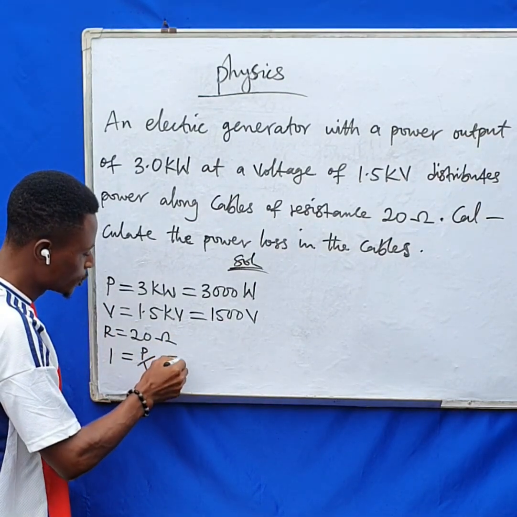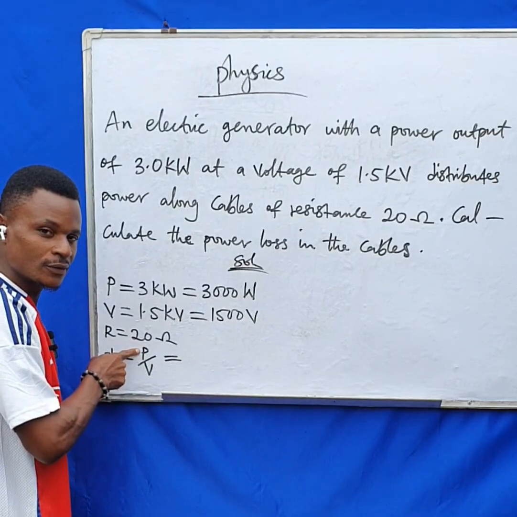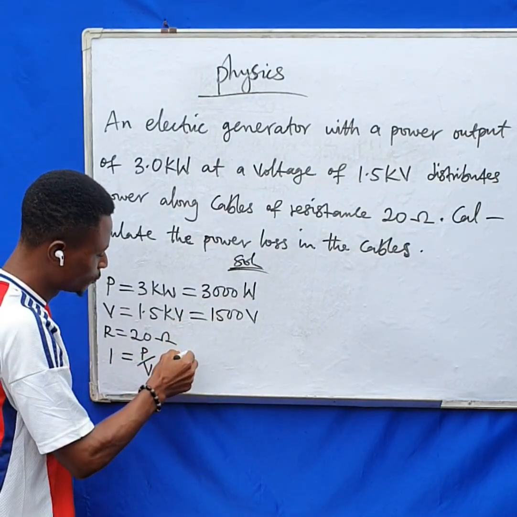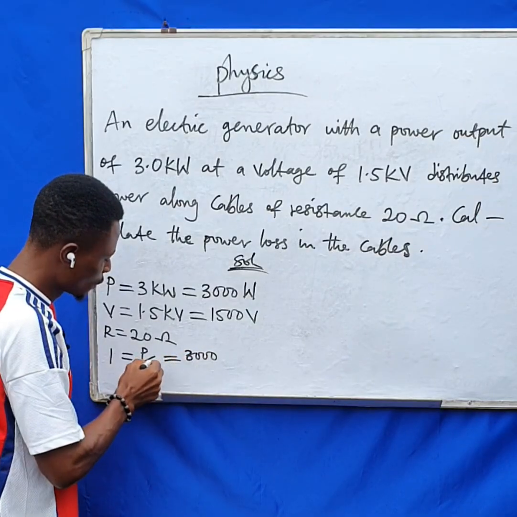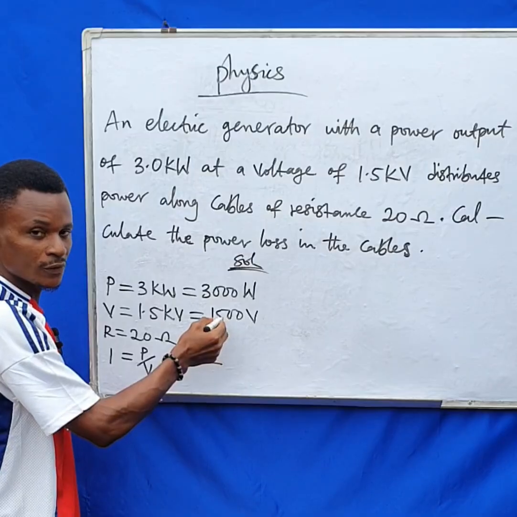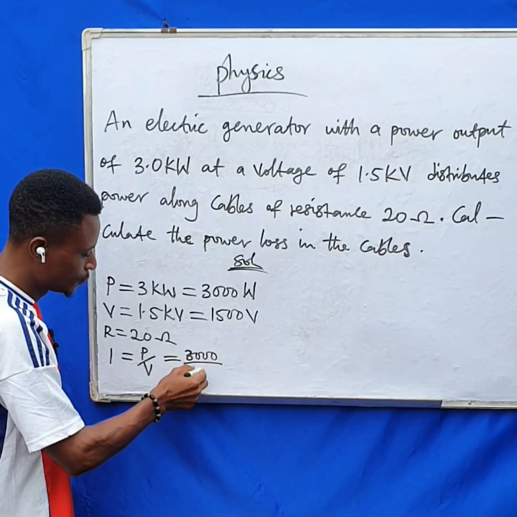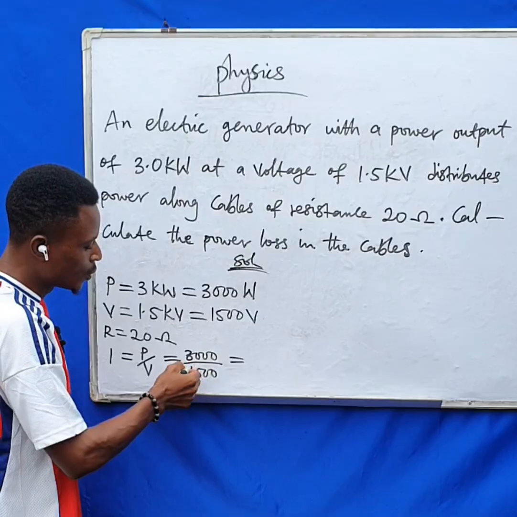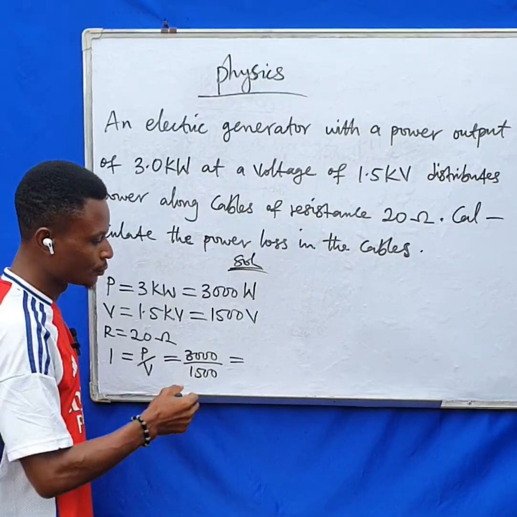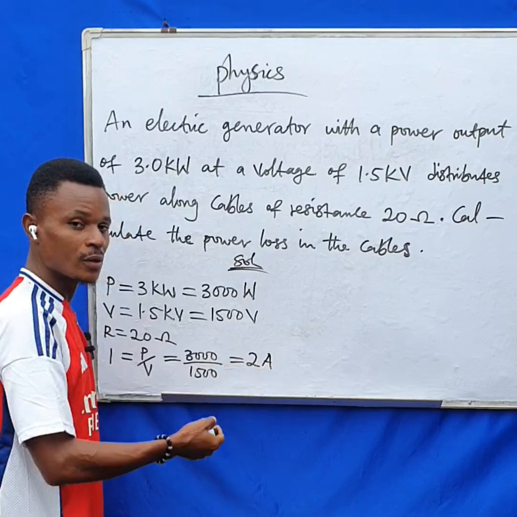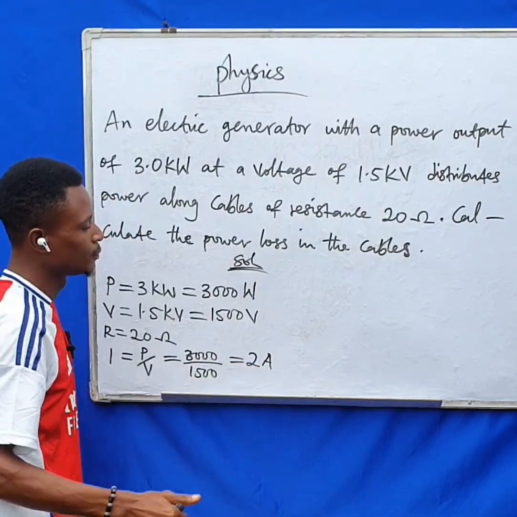So if we substitute the values, in place of P we are going to put 3000, divided by, in place of V, we are going to put 1500. And if we divide these two numbers, 3000 divided by 1500, that will give us 2. So the current is 2 amperes. The SI unit for current is amperes.